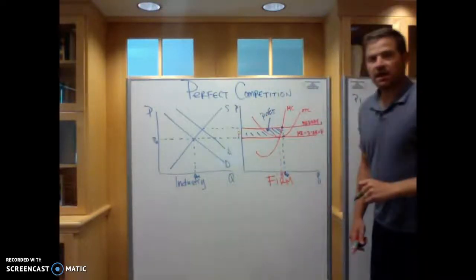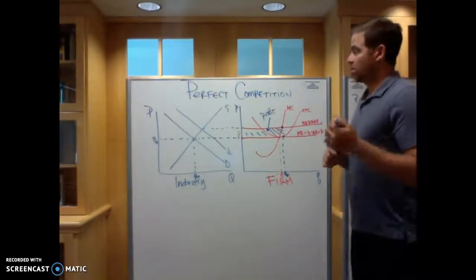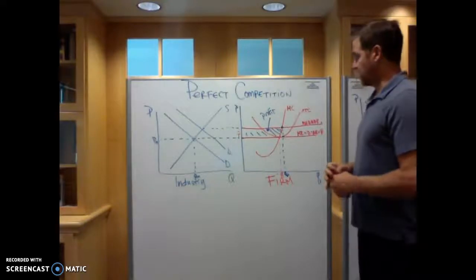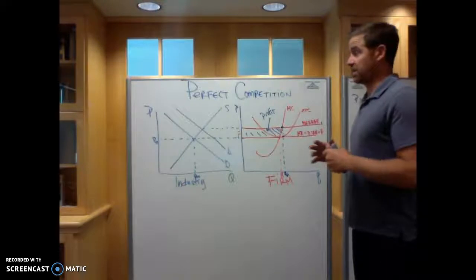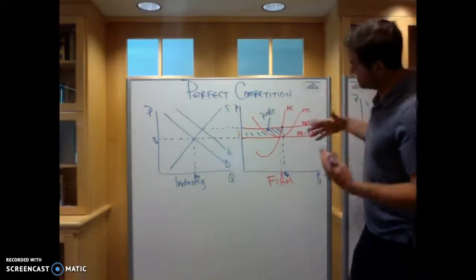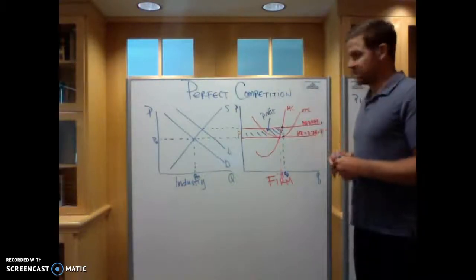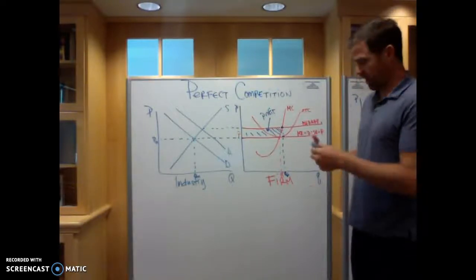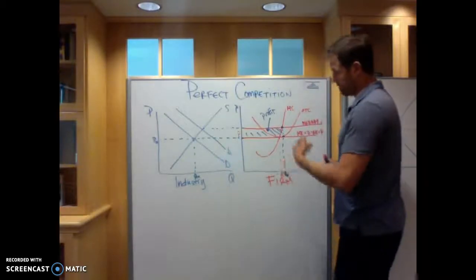Okay, and so now you have to understand, well, what happens in the long run? Well, in the long run, other firms, it doesn't matter whether they're in the industry or not, will see these economic profits above normal profits, and they will say, hey, I want to get into that industry, there's money to be made there. And so all of a sudden, more firms will come into this industry.